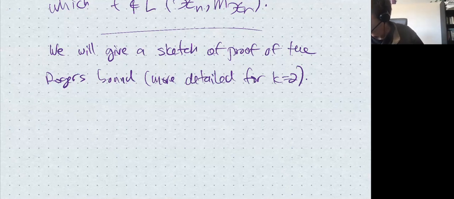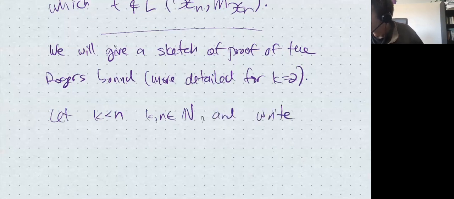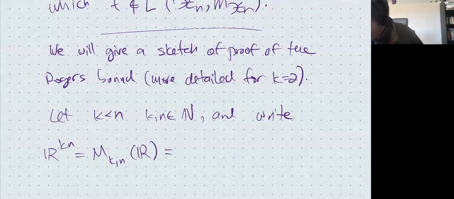So let k be a positive integer smaller than n, and let's write R^{kn} in two different ways. So first I want to think of this as k by n matrices, isomorphic to. And I also want to think of this as k-tuples of n-dimensional vectors.